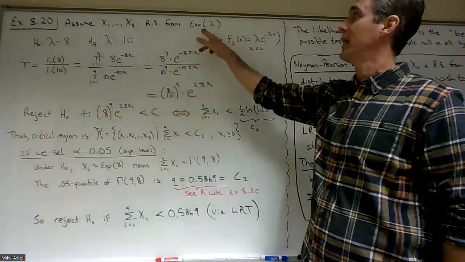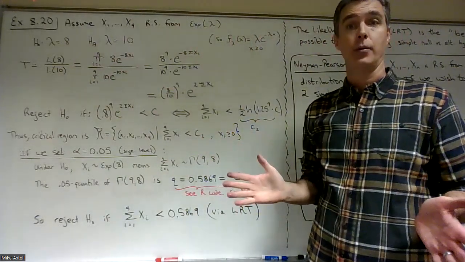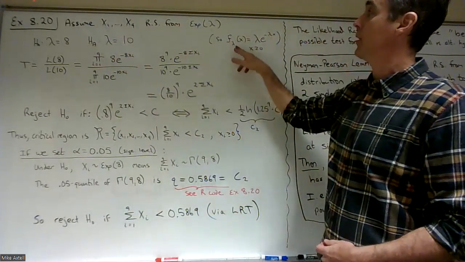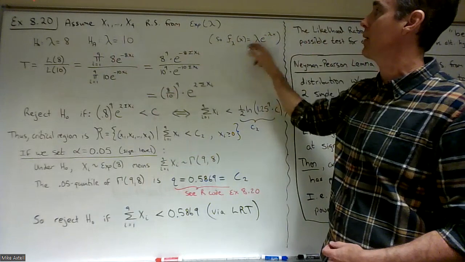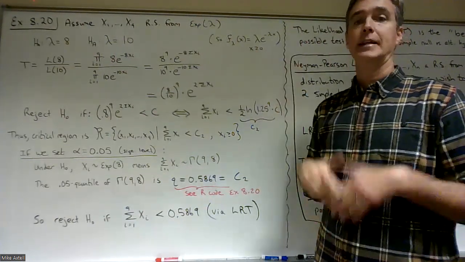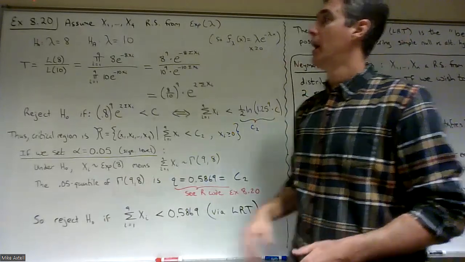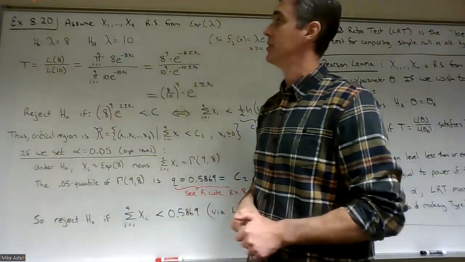Once I specify lambda, I know everything there is to know about that distribution, and I can calculate probabilities. By the way, the PDF of an exponential distribution with parameter lambda is that bad boy. So I am going to calculate the t value here: the likelihood that lambda is 8 divided by the likelihood that lambda is 10.